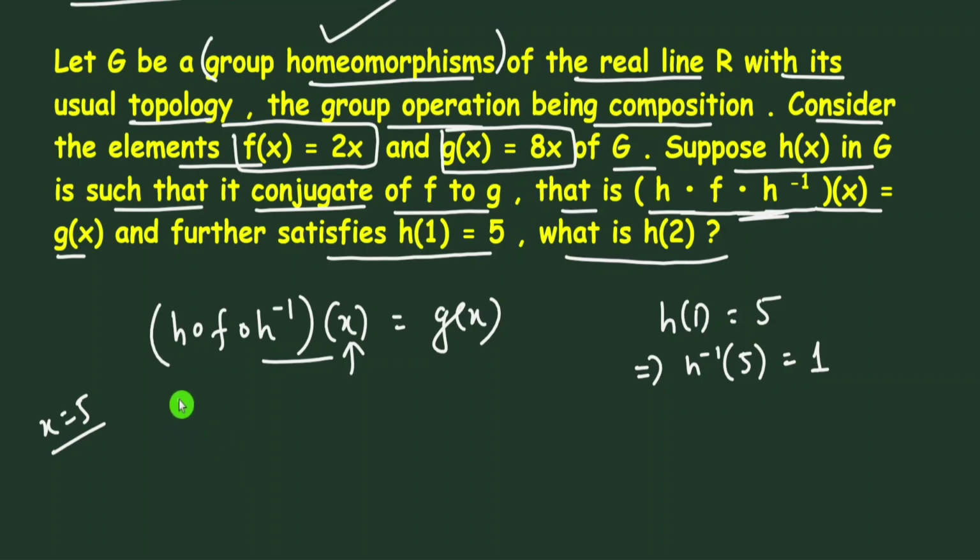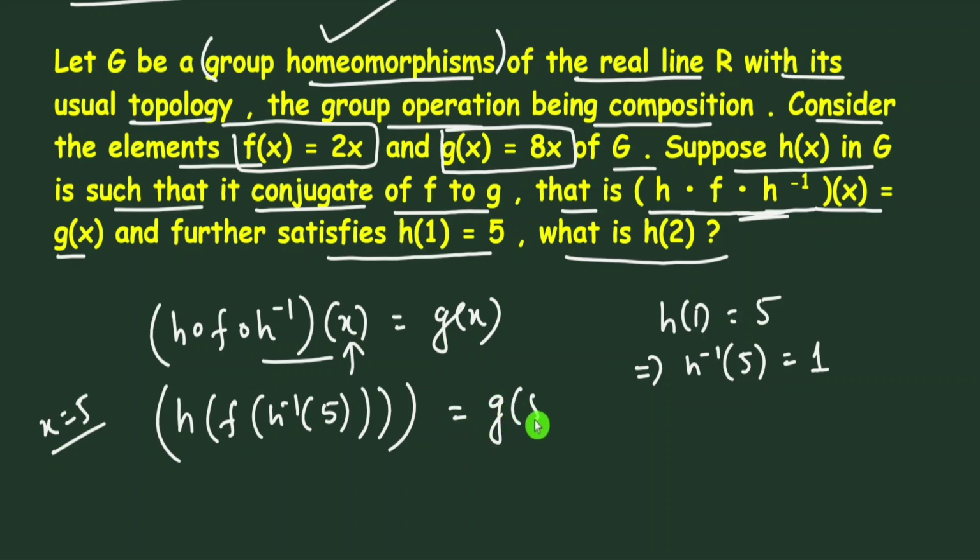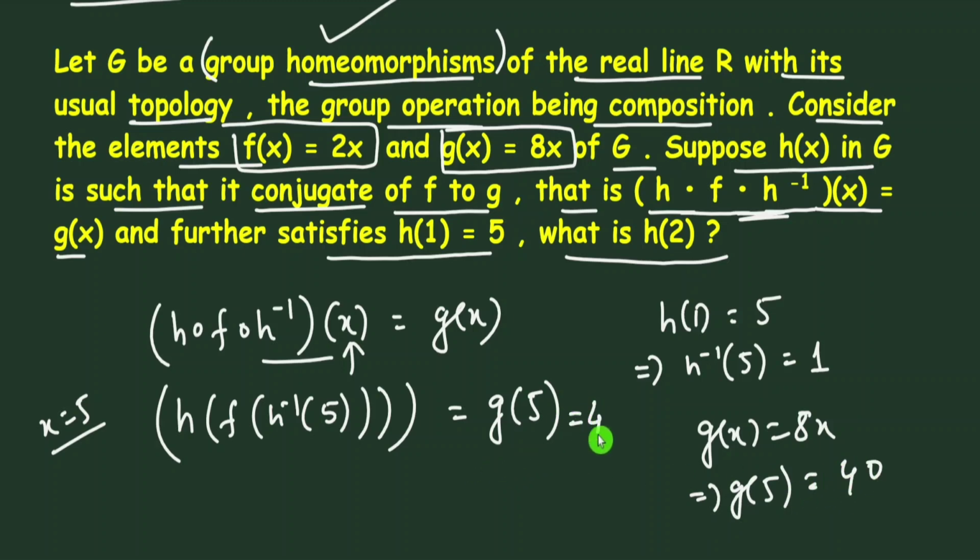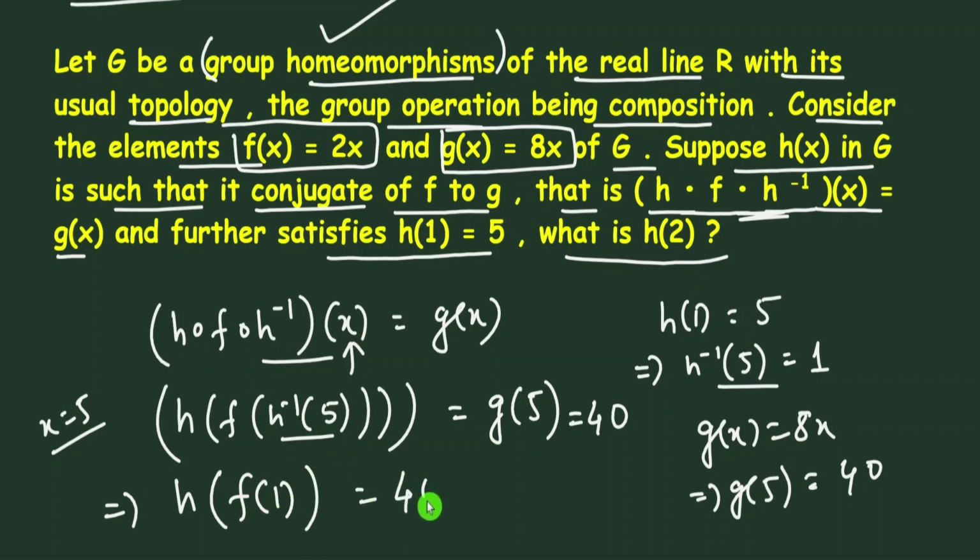So now we can write h(f(h^{-1}(5))) is equal to g(5). Now given that g(x) equal to 8x, that means g(5) is clearly 40. So this implies h(f(h^{-1}(5))), with h^{-1}(5) being 1, means h(f(1)) is equal to 40.